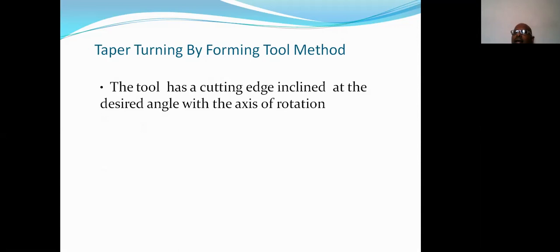So whatever angle of taper is to be produced on the cylindrical surface, the same angle of inclination is provided to the cutting tool. Now whenever that cutting tool comes in contact with the job, the same angle of taper is produced on that cylindrical job.